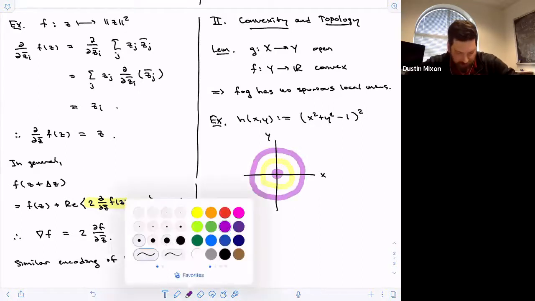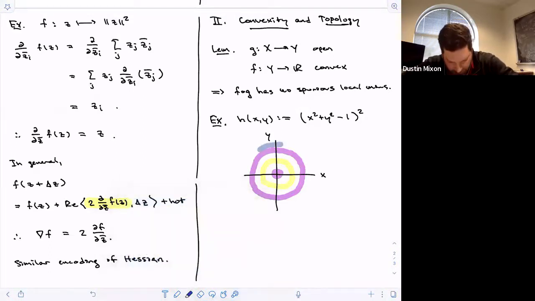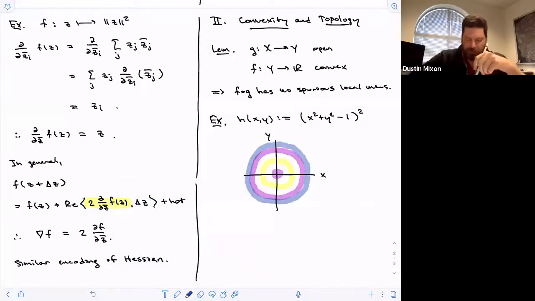And it gets even larger after that. Let's go dark blue? I don't know. Okay, so I don't really know how to describe this function, but the point is that your local minima reside on this circle. And you could imagine trying to do gradient descent from any point, and it would send you to a member of that circle. Maybe you believe from this picture that H has no spurious local minimizers.